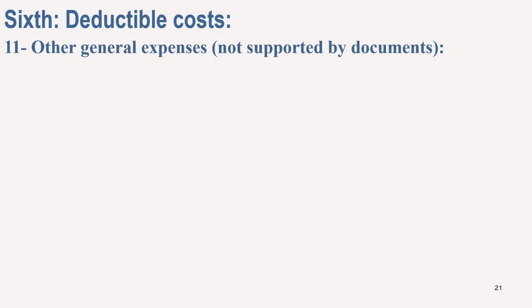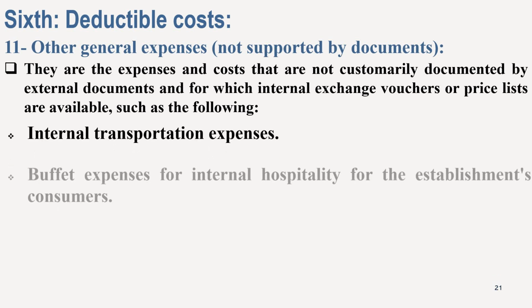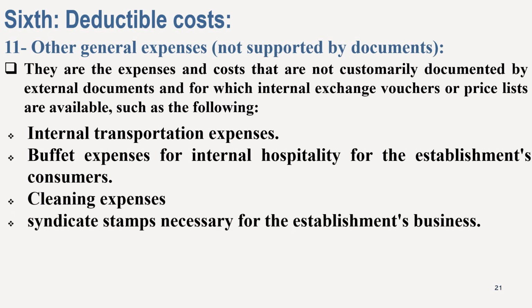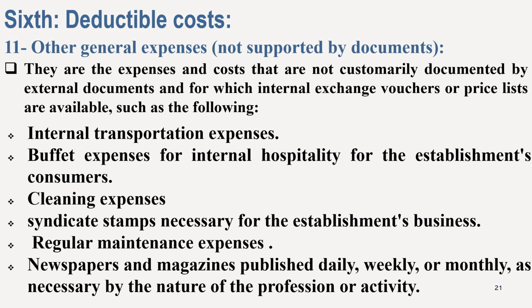Other general expenses not supported by documents are the expenses and costs that are not customarily documented by external documents and for which internal exchange vouchers or price lists are available, such as the following: internal transportation expenses, buffet expenses for internal hospitality for the establishment customers, cleaning expenses, syndicate stamp necessary for the establishment business, regular maintenance expense, newspapers and magazines published daily, weekly, or monthly as necessary by the nature of the profession or activity.